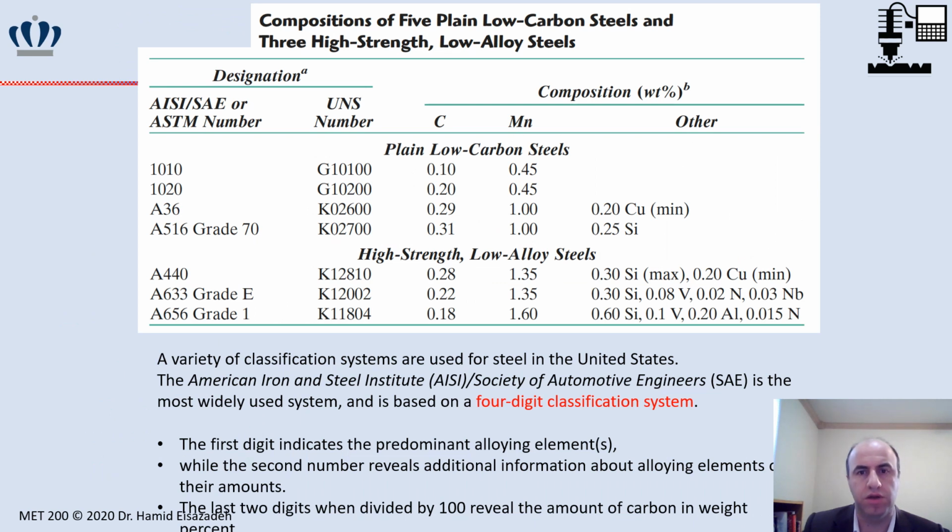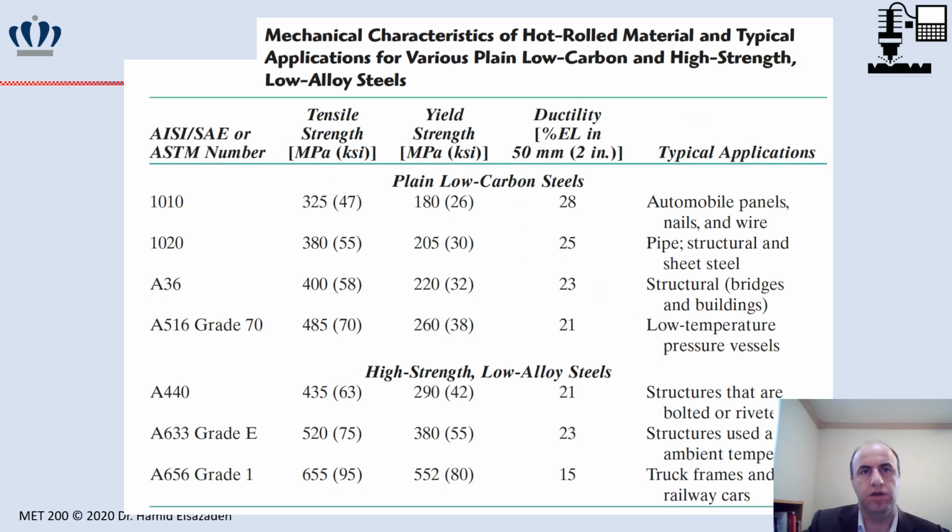There are several classifications. This table shows the mechanical properties of a couple of steels here, mostly low carbon steel. This one is low carbon steel 1010, AISI 1010. We mentioned that 10 here represents the amount of carbon, 10. Here the amount of carbon is 20, right?